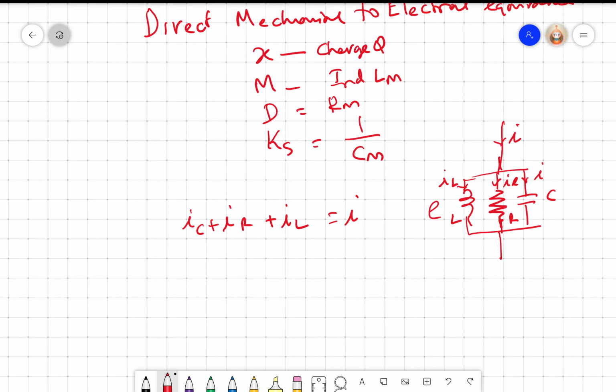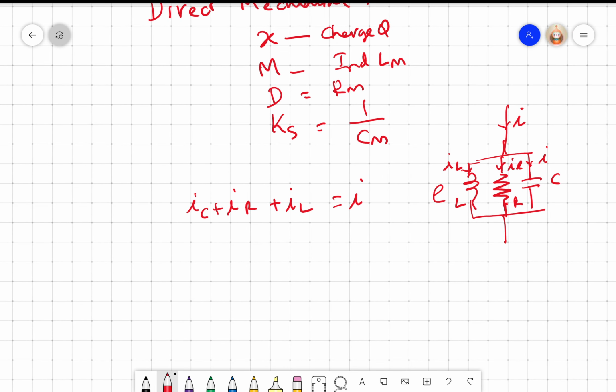Now let me see what is IC. There is a voltage E across C, right? So IC is C into dE by dt. So sorry, this is not 1 by C. What is the voltage? IR is E by R, I can immediately write this, right?